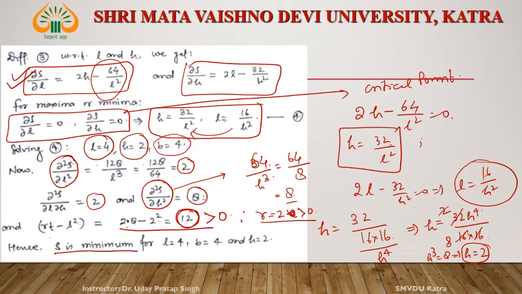So L equal to 4, H equal to 2, B equal to 4, this is the minimum condition. So this much material is required, right? Okay, thank you.